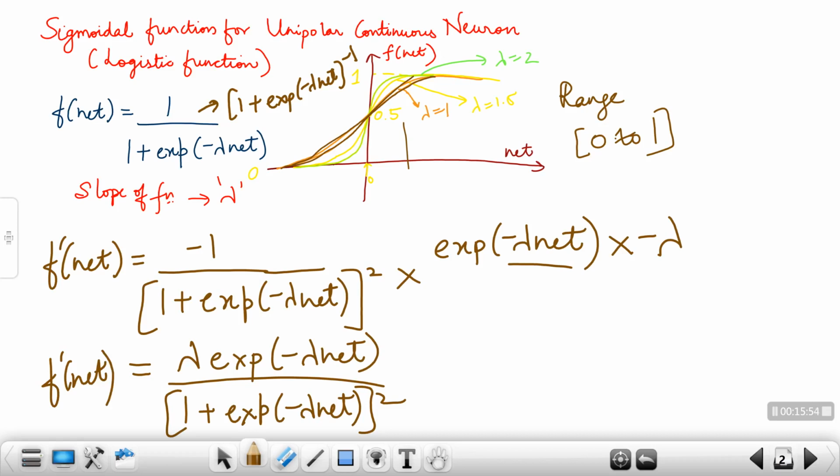Sometimes a question is asked to prove that f net dash is equal to something, so we shall do that part also. We have calculated the derivative, which indicates that the function is continuous, hence differentiable, hence we can find the derivative of the function.